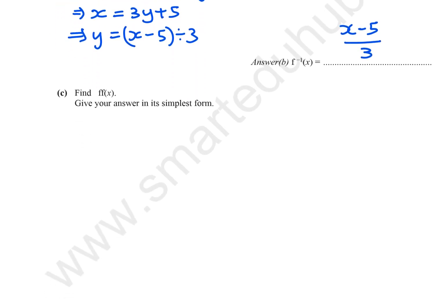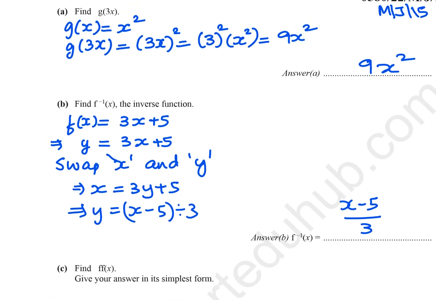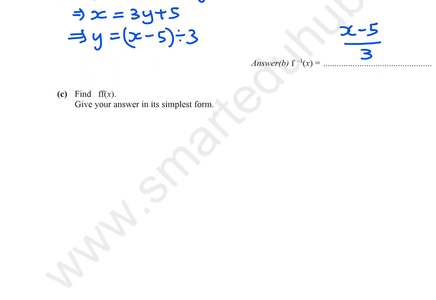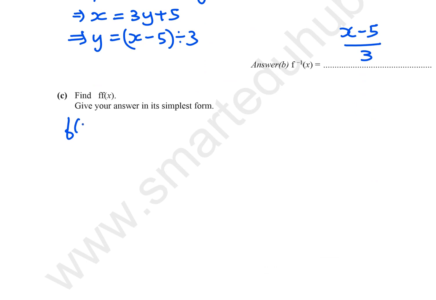Okay, f of f x. Now before you find f of f x, let's write down f x. f x equals 3x plus 5. So therefore f of f x is what? I told you, take this f x and plug it into x such that the entire f x will take the place of x. Now what is f x? f x is 3x plus 5.